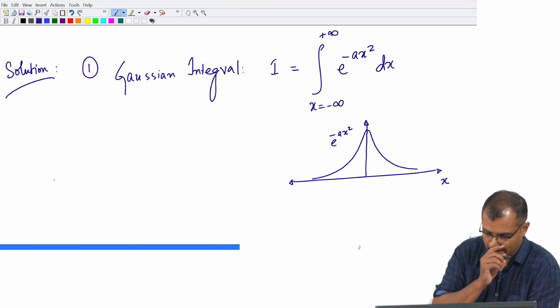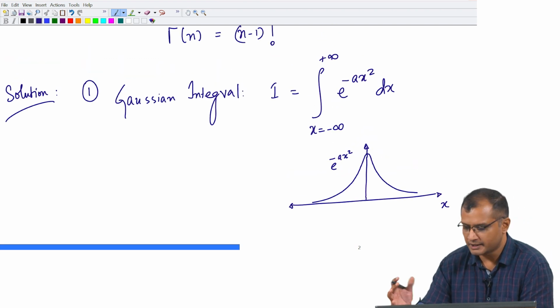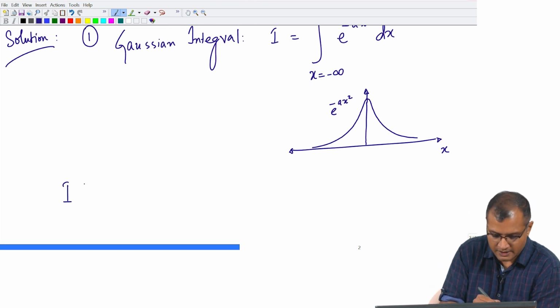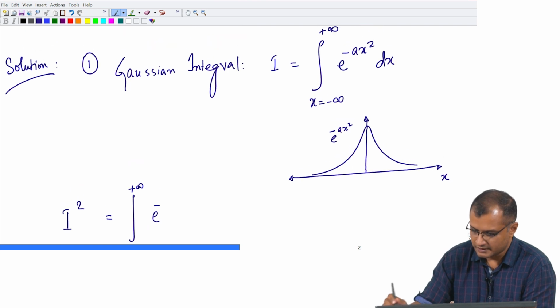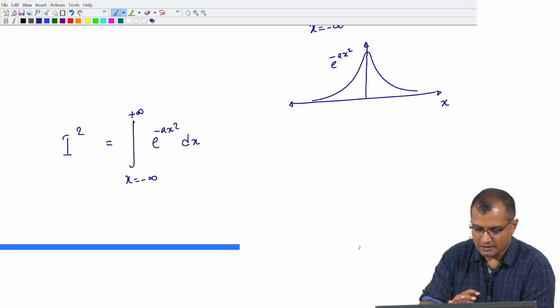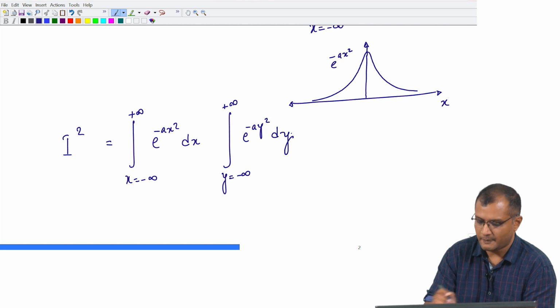I am going to make a small trick here: if I want to compute I, I can instead calculate I square. So, I write I square as the integral x going from minus infinity to plus infinity e to the power minus a x square dx, and square it up, which means I can write it as y going from minus infinity to plus infinity e raised to minus a y square dy.